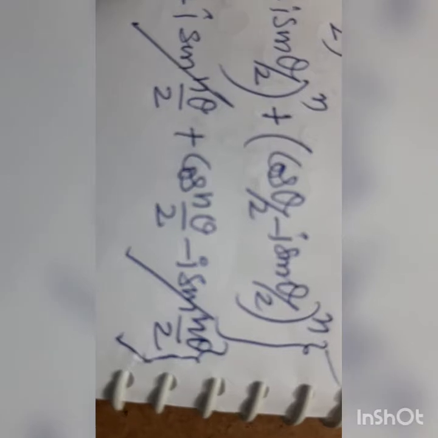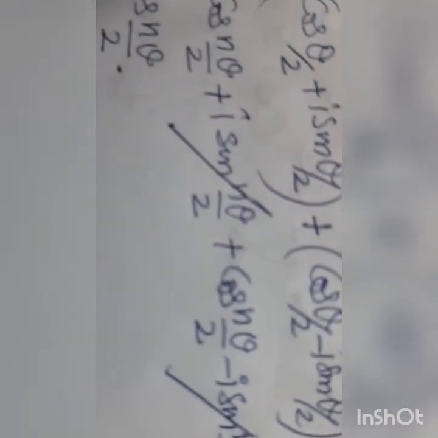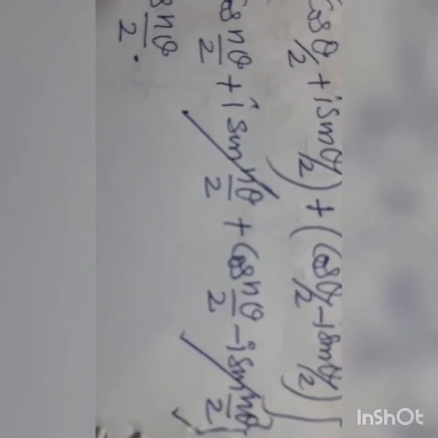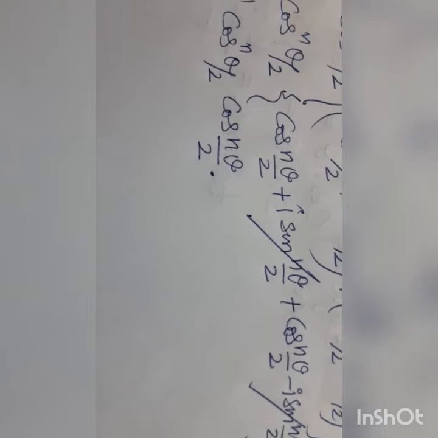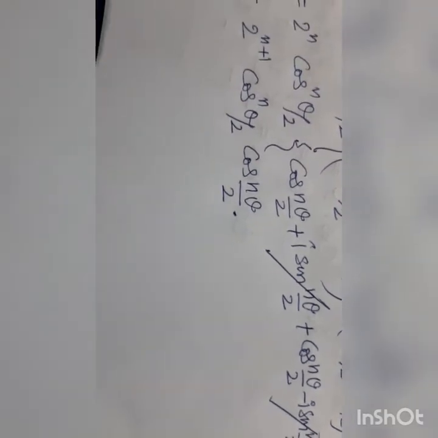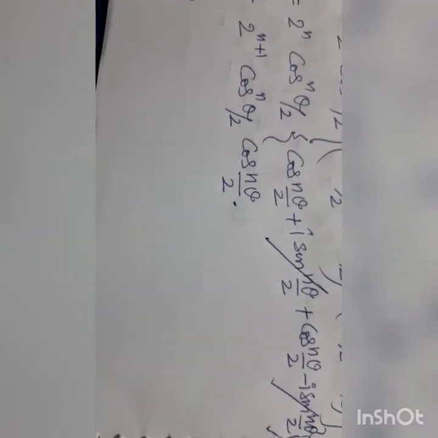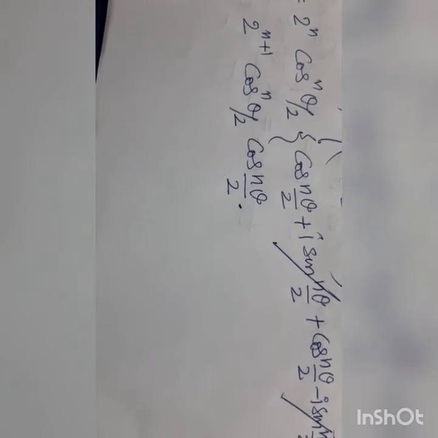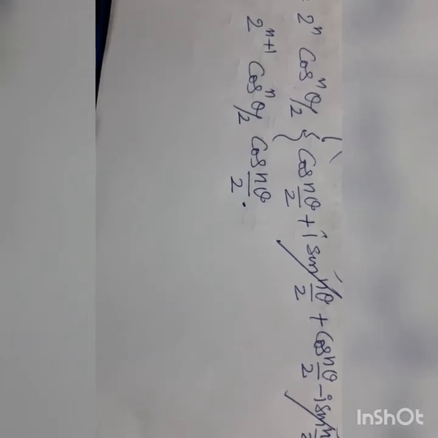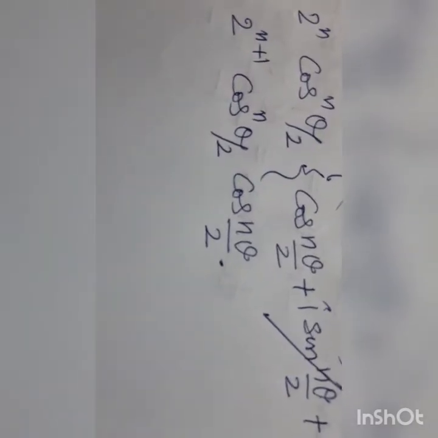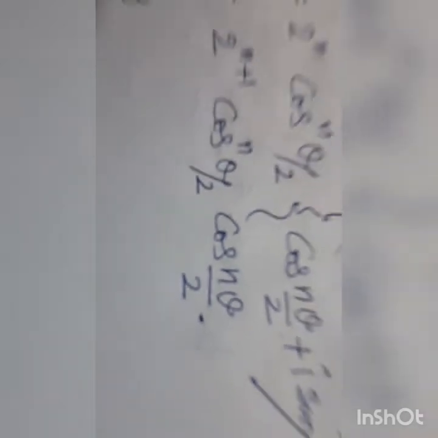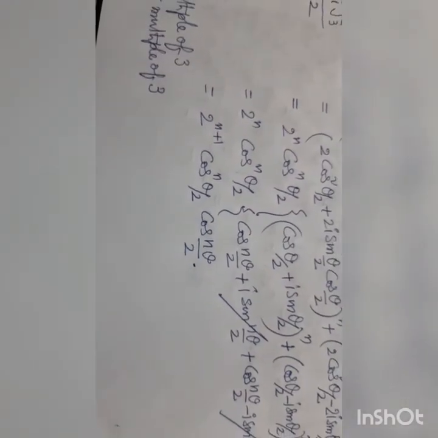So the minus i sin n theta by 2 and plus i sin n theta by 2 get cancelled. Cos n theta by 2, cos n theta by 2, that is 2 cos n theta by 2. Another 2 power n is there, 2 power n into 2 power 1, so 2 power n plus 1 cos to the power n theta by 2 into cos n theta by 2.